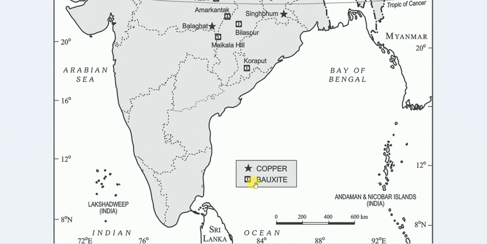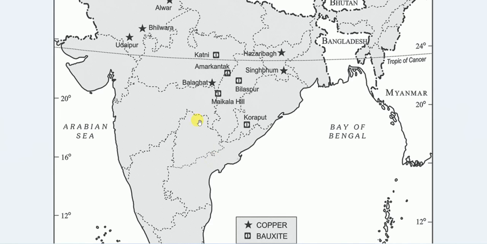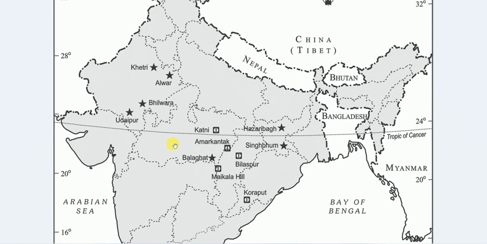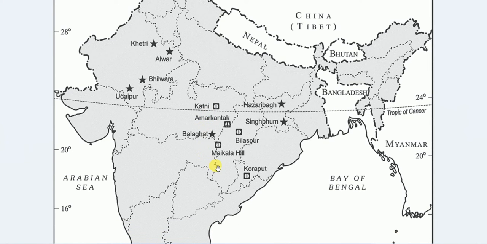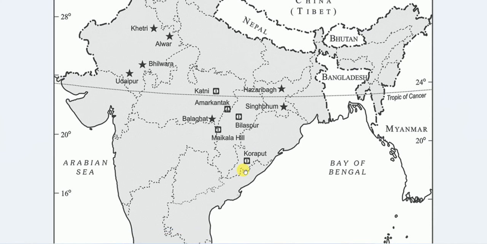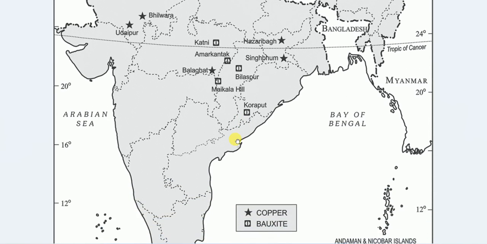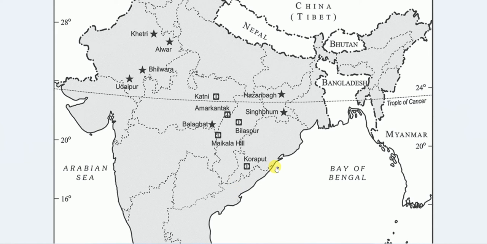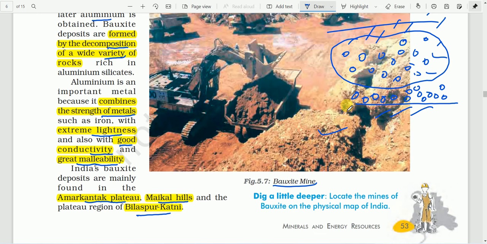This symbol represents bauxite mines, and here Katni in Madhya Pradesh we have Katni, then Amarkantak, then in Chhattisgarh we have Maikala Hill, then Bilaspur, and here in Orissa we have Koraput. Okay, so these are important bauxite mining areas in India.